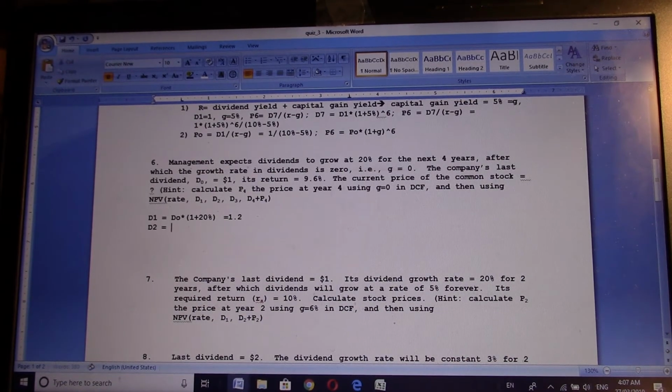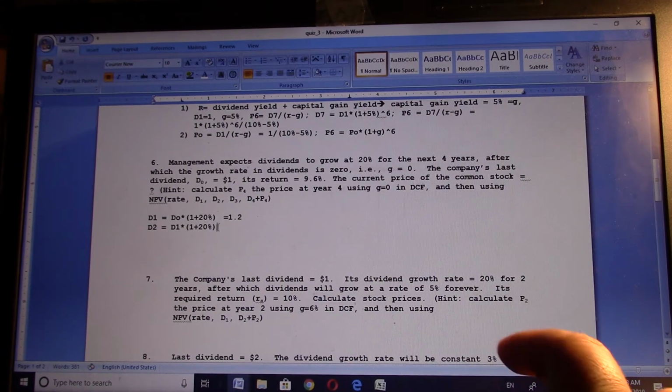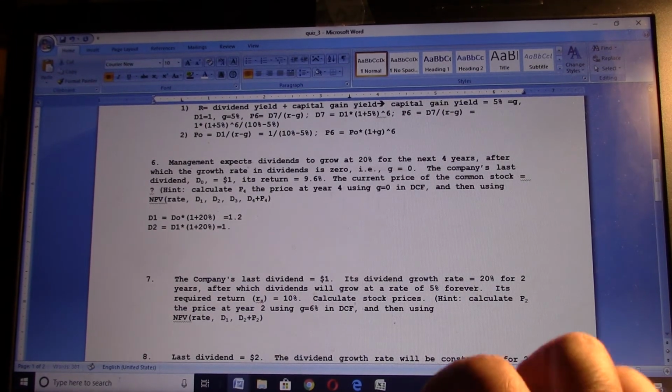D2 is D1 increased by 20%, so it should be 1.44.